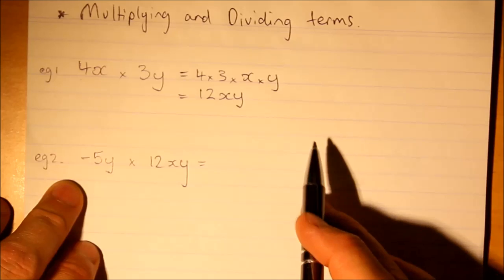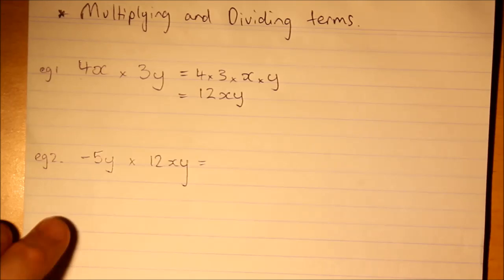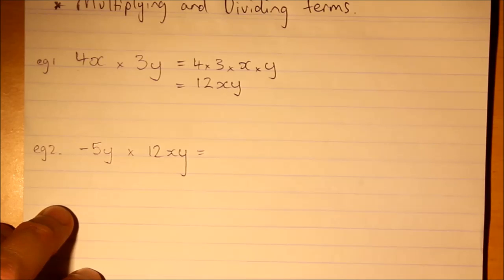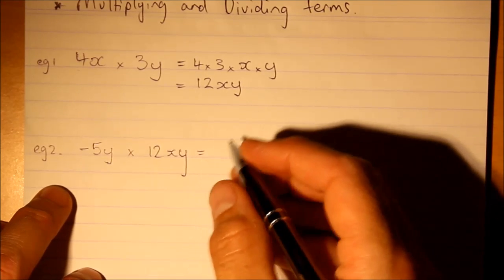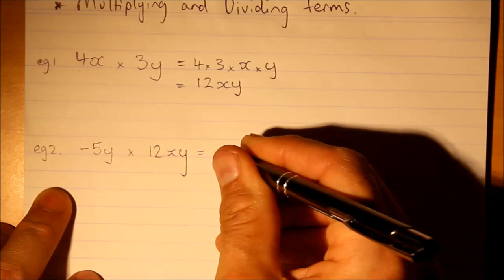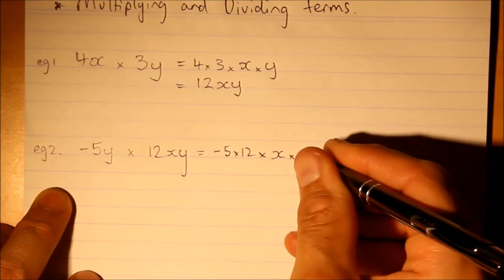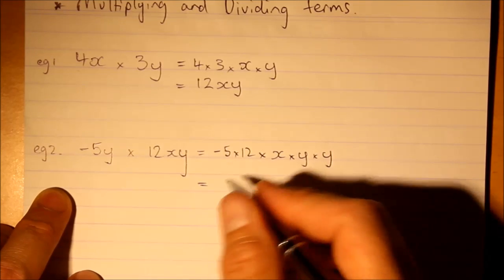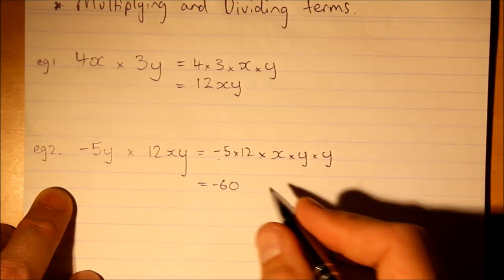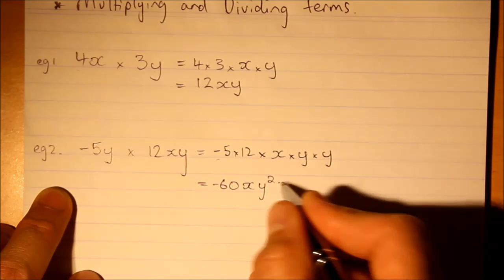It's a good habit to get into writing it out in factor form, because you want to avoid silly mistakes, which make up a large amount of your mistakes as a percentage. So if you can eliminate them, you are going to notice a difference. So minus 5 times 12 times x times y times y. So a negative times a positive is a negative, minus 60x, and then y times y here, we've got y squared.